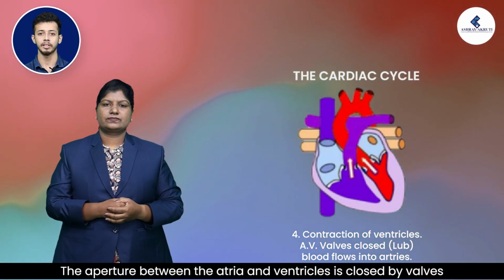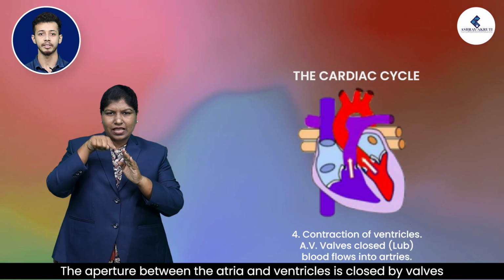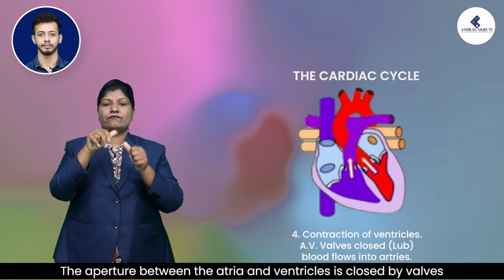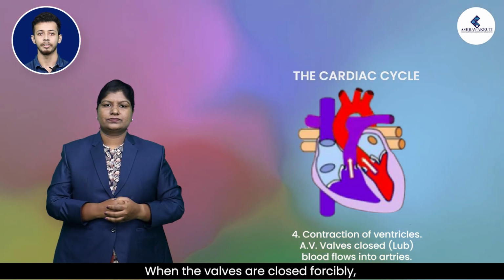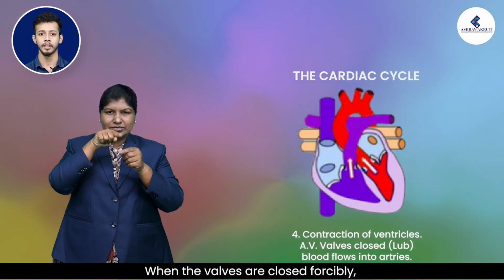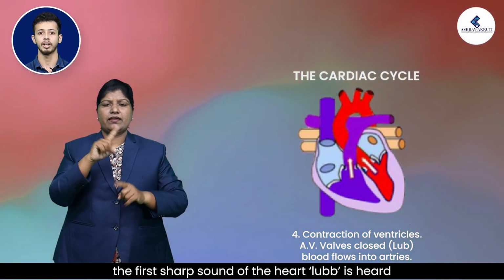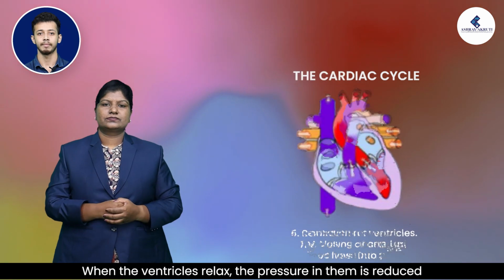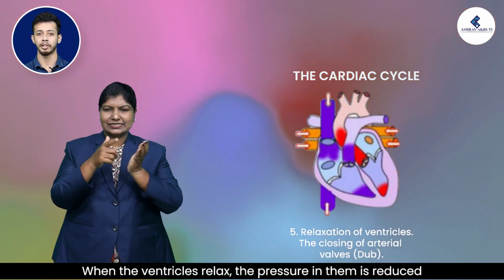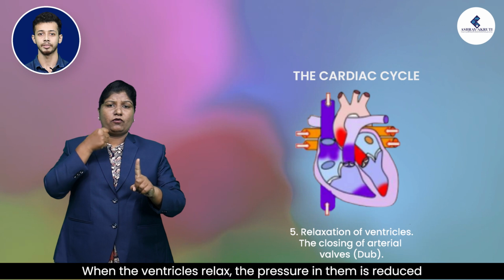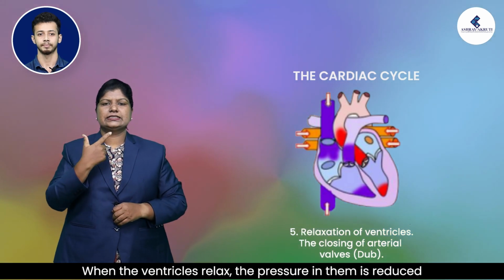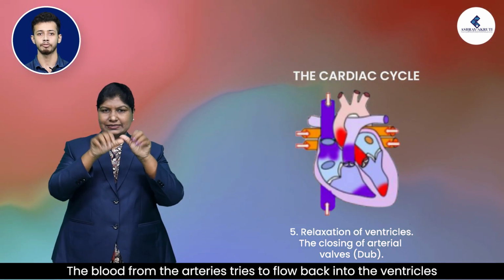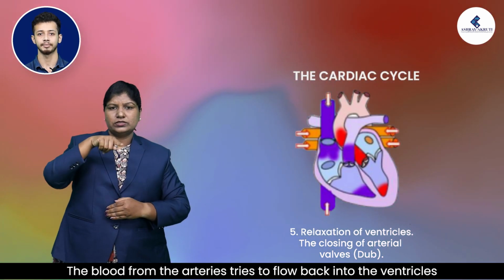The aperture between the atria and ventricle is closed by valves. When the valves are closed forcibly, the first sharp sound of the heart, lub, is heard. When the ventricles relax, the pressure in them is reduced. The blood from the arteries tries to flow back into the ventricles.